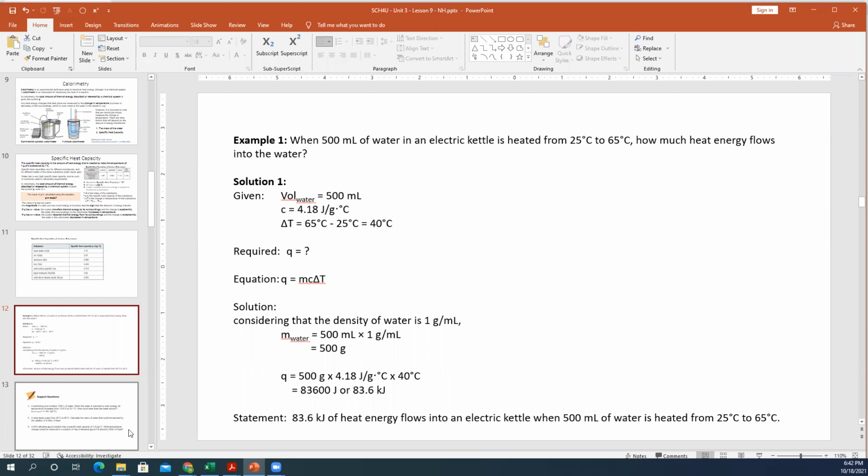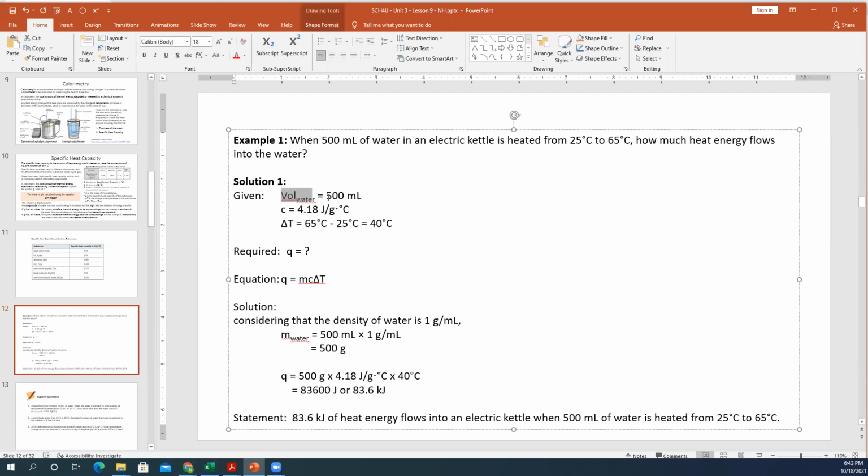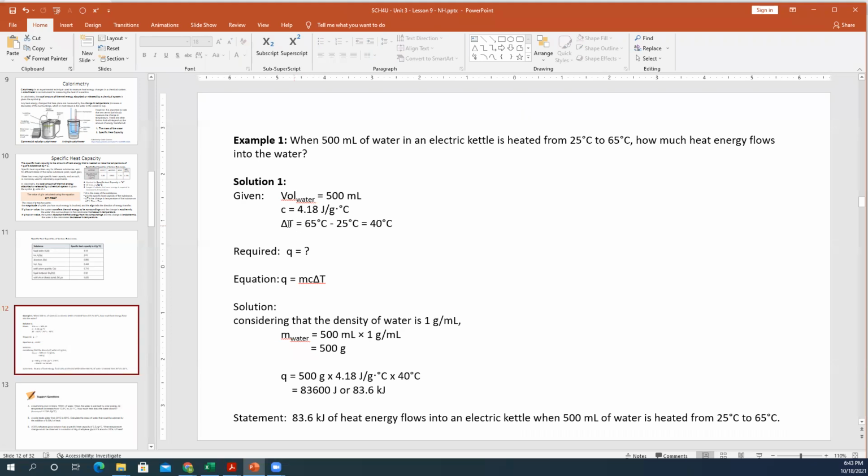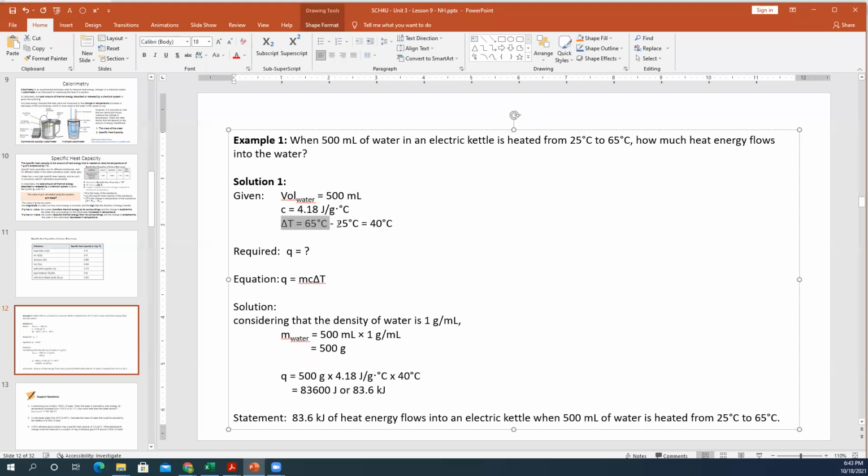So first of all, we have to look at what we are given. So we write down what are we given. We are given the volume of water, which is 500 mL. The specific heat capacity of water, we can easily look up from our tables. And we can figure out the change in temperature.